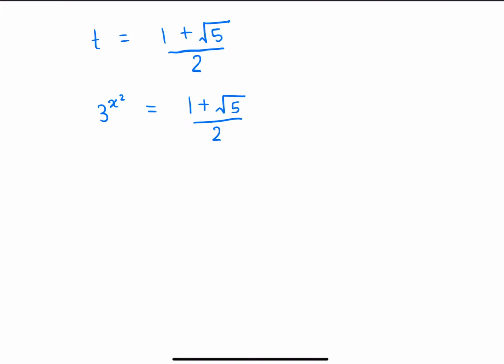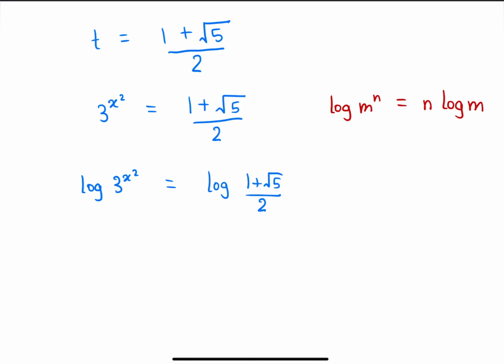So we are going to take the log of 3 raised to the power x squared, which gives us the log of 1 plus the square root of 5 divided by 2. If you are familiar with logs, then you would know that there is a rule which states that log of m raised to the power n is the same thing as n times log m.